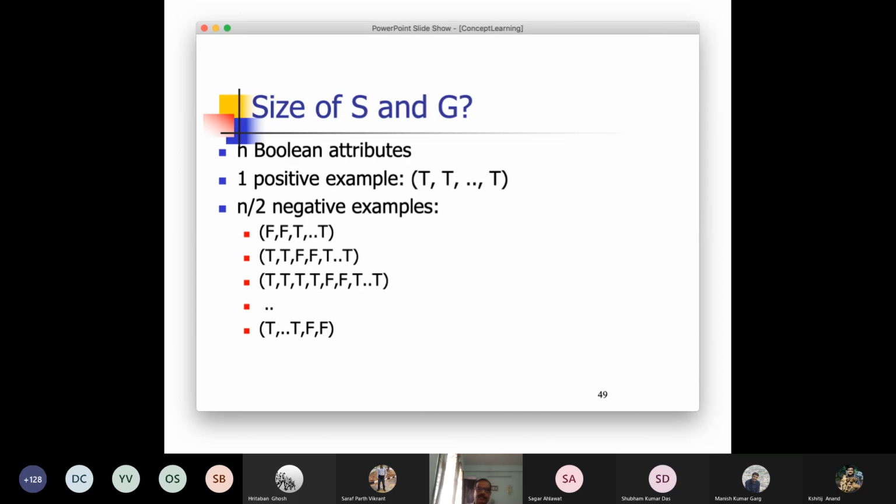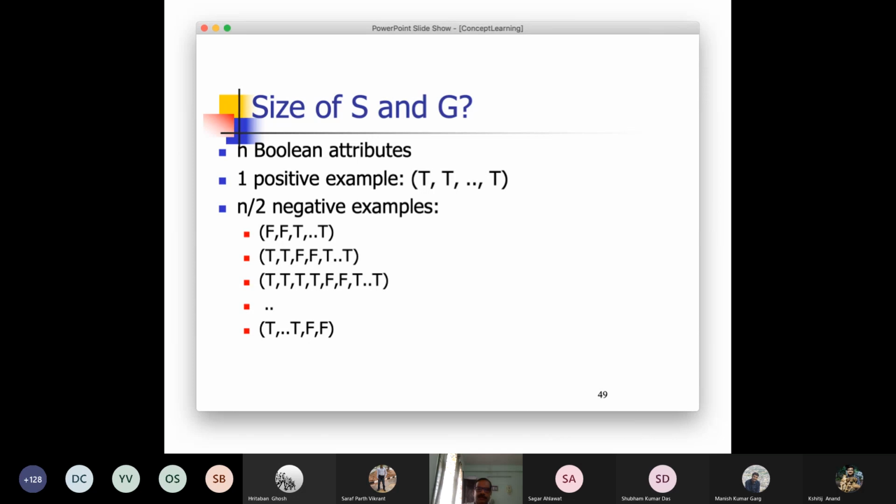One example we can show is where S is of constant size. The size of S is small, but the size of G could be exponential in the number of inputs. Say you have one positive example, all true.